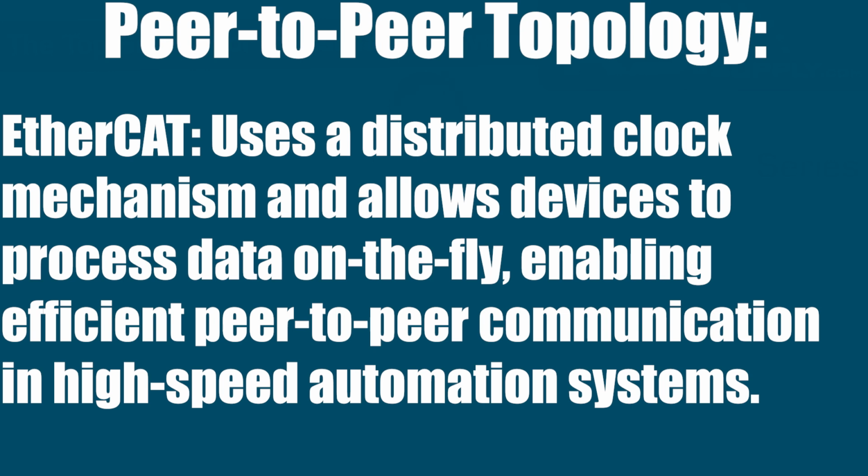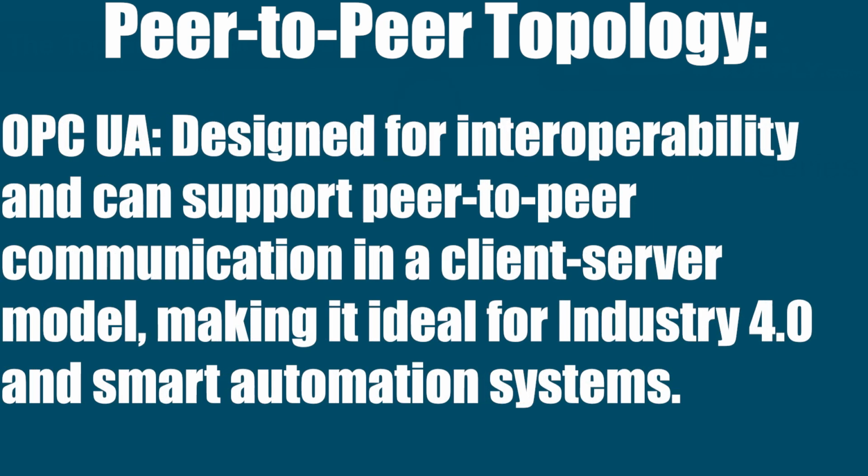EtherCAT is going to use a distributed clock mechanism and allows devices to process data on the fly, enabling efficient peer-to-peer communication in high-speed automation systems. OPC UA, designed for interoperability, can also support peer-to-peer communication in a client-server model, making it ideal for Industry 4.0 and smart automation systems.